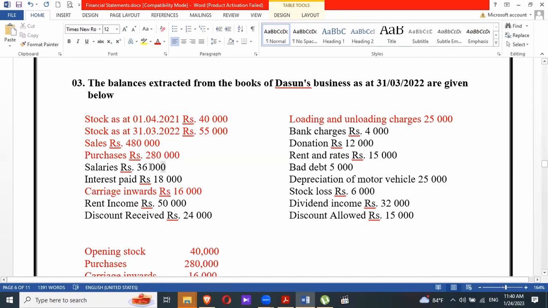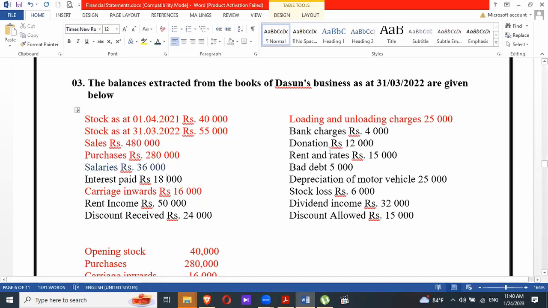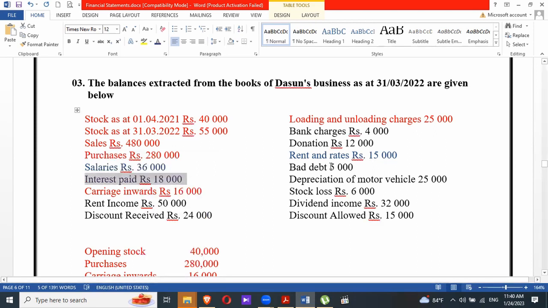Then salaries we took for calculating administration expenses. And rent and rates also we took for calculating administration expenses. Then interest paid and bank charges we already took for calculating financial expenses. Only two comes under financial.